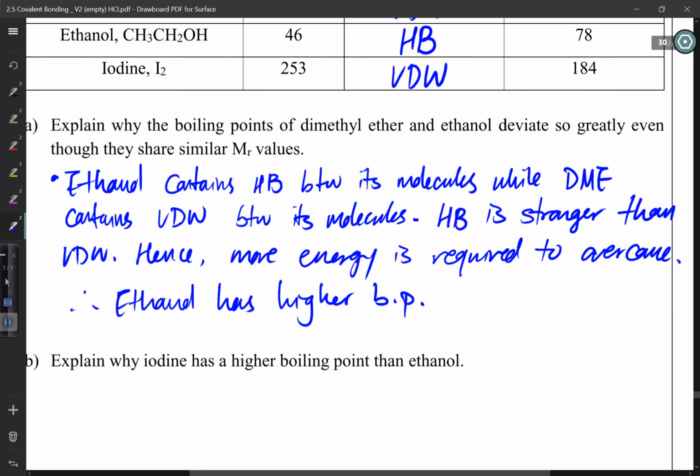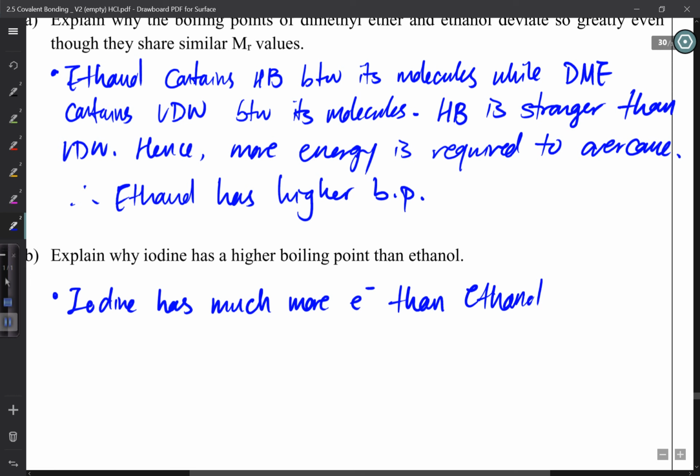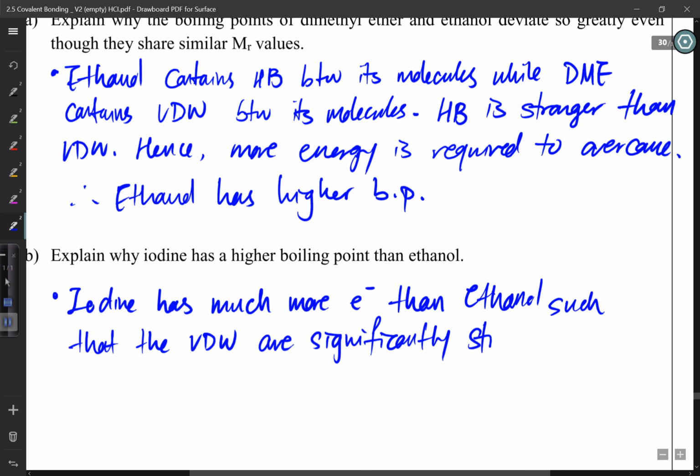Explain why iodine has a higher boiling point. This one already explained. Alright. So you say that iodine has much more electrons than ethanol, such that the van der Waals forces are significantly stronger than hydrogen bonds in water.